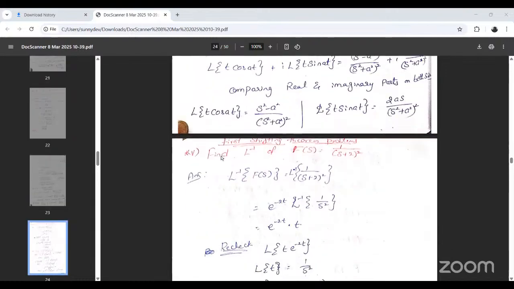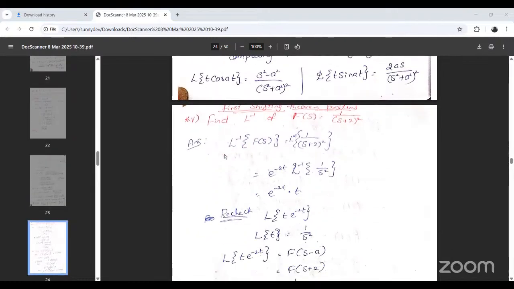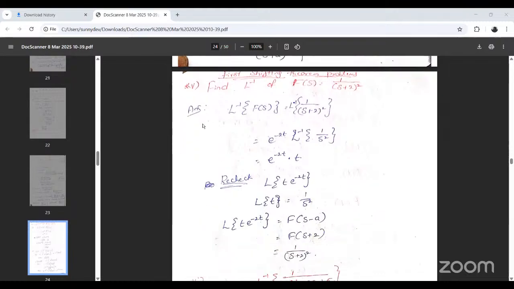Now, using the first shifting theorem, we need to find the inverse Laplace transformation. Here capital F of s equals 1 by s plus 2 whole square. So the inverse of F of s is the inverse Laplace transformation of 1 by s plus 2 whole square.